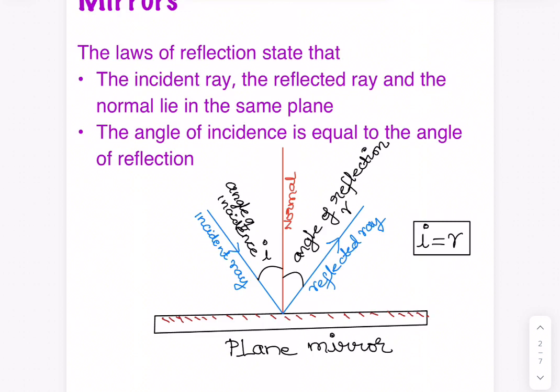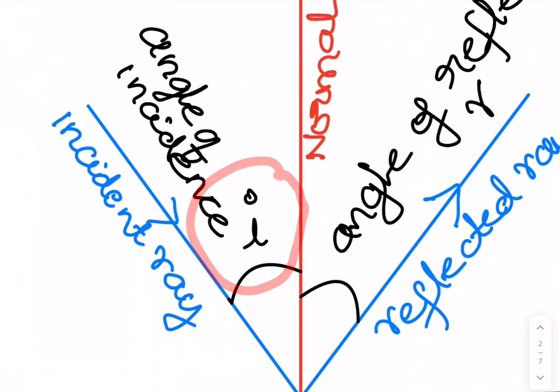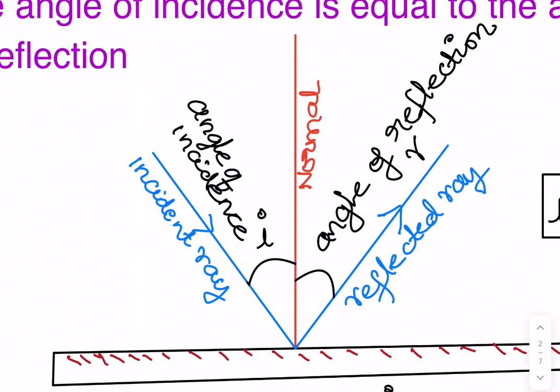Angle of incidence, I. What is the angle of incidence? It is the angle made by the incident ray with the normal drawn to the surface. From this side you have to measure. Normal is the reference line.